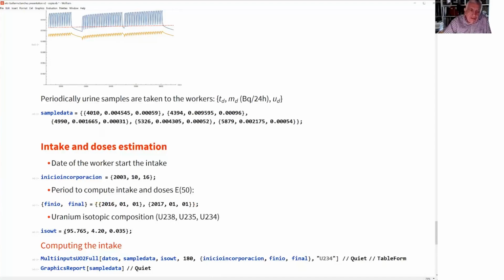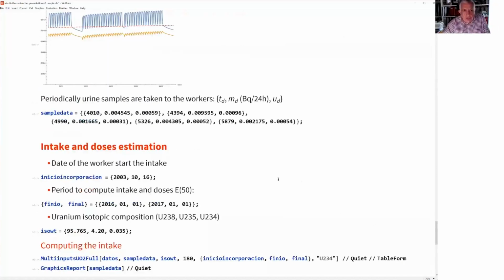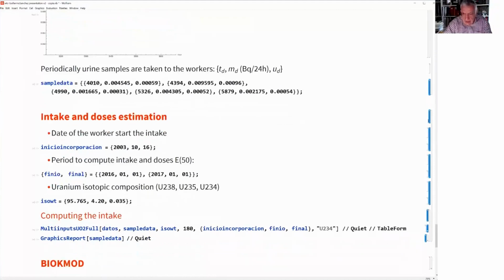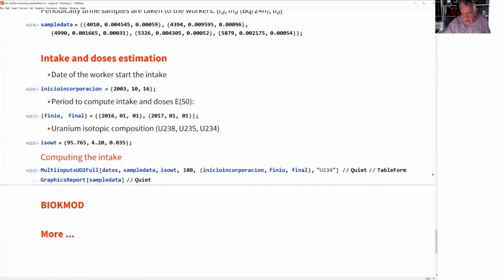Also, we will need the uranium isotopic composition, because the aerosol that the worker inhales is of enriched uranium, and we will need the average isotope composition. With this information, now we can estimate the intake of this worker.